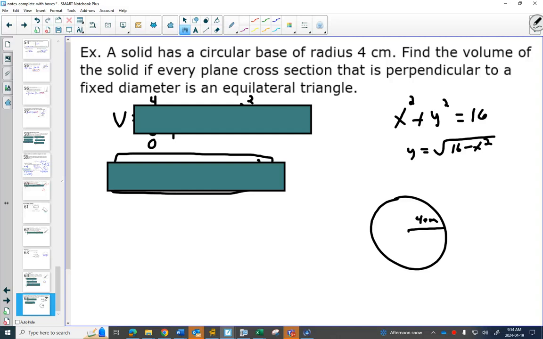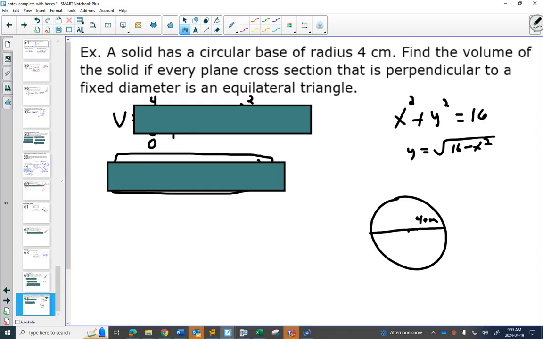And the reason they have this fixed diameter is there's a bunch of different diameters in a circle. There's lots of them, actually. They say, let's just make one of them. It could be this one. It could be diagonal. Could be anywhere. But fix one of them. And I fixed it as a horizontal line because that's going to be easier for us to think about.